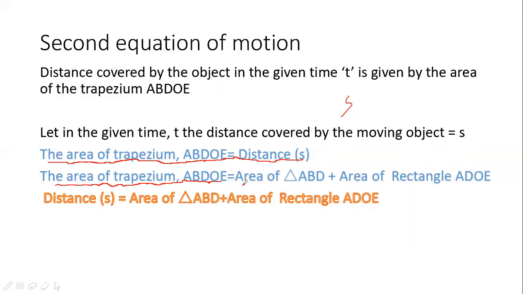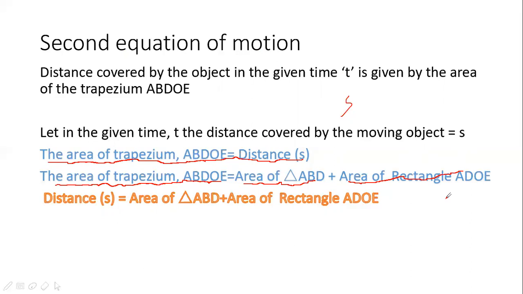In this case, the area of the triangle and the area of the rectangle should be considered. You should calculate these two separately. When you take the diagram and calculate the complete area of the graph during the journey by calculating the area of the triangle separately and the area of the rectangle separately, you will get the second equation.